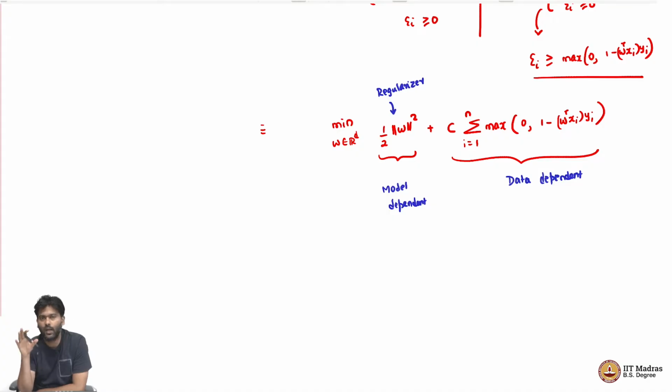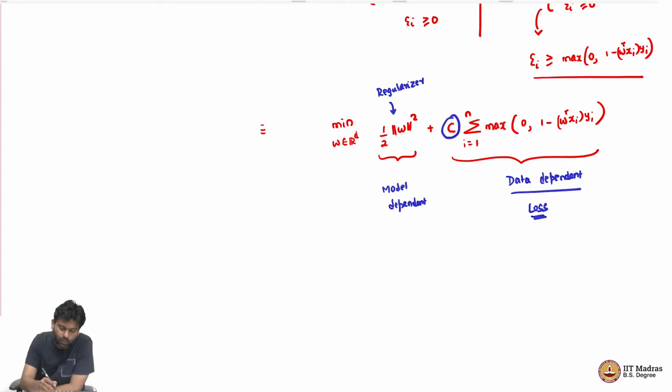There it was lambda by 2 norm W squared, but here the balancing is done using C. Somehow we were trying to balance two terms. Here that balancing happens on the other side, but that does not really matter. You can bring it to this side as well. So now this half norm W squared is the regularizer, and this data dependent term is the loss, that is, how much loss a particular W suffers on my data set.